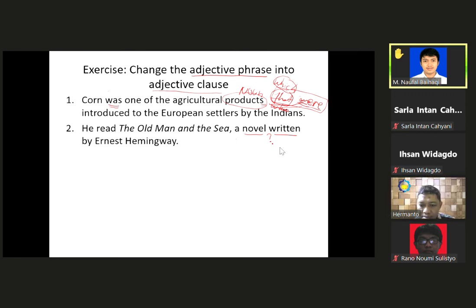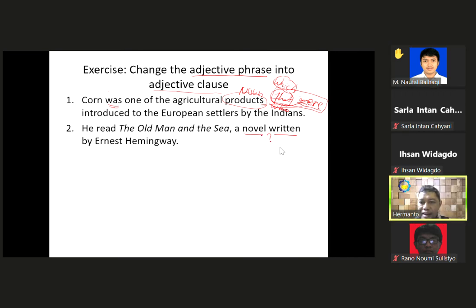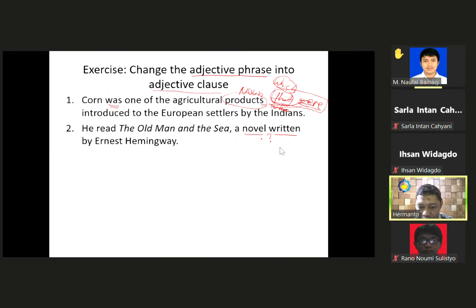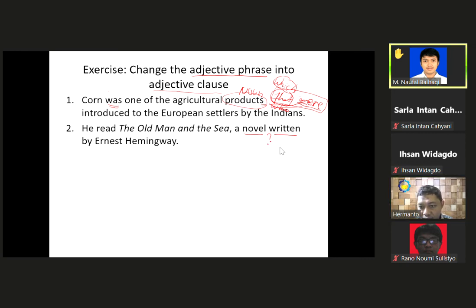I try to describe the steps of your thinking. So novel written, and there must be something missing here. That's what you think, right? Which and to be.